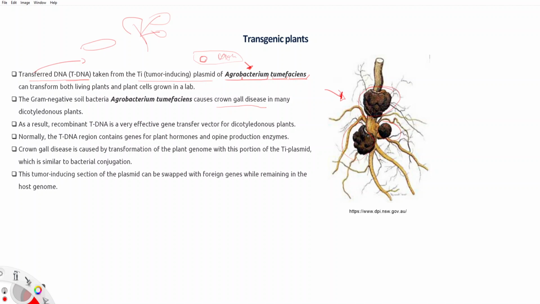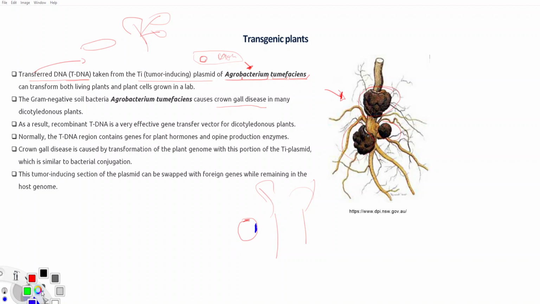The plant tissue must be wounded at some point. So when scientists realized this, since this bacteria is actually inserting a plasmid inside a plant, and this plasmid contains a transfer DNA, that is going to carry the gene of interest.